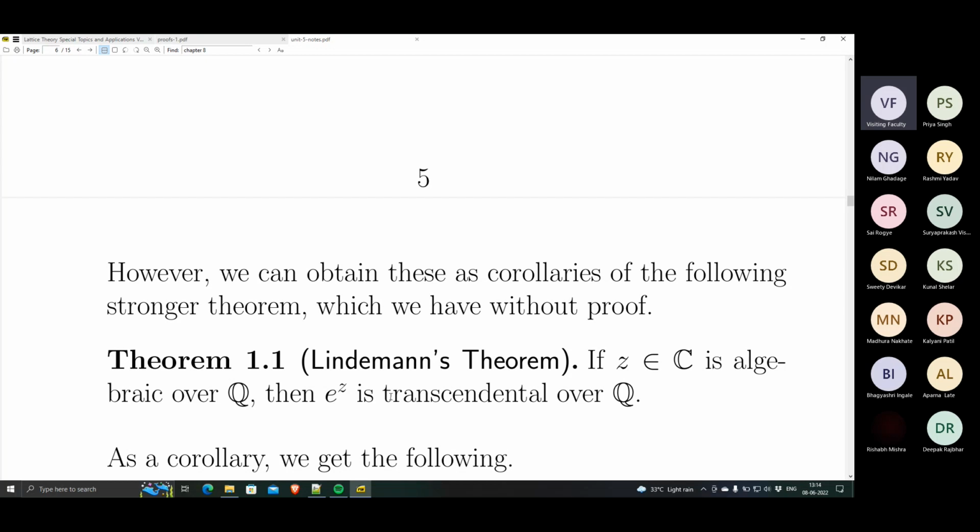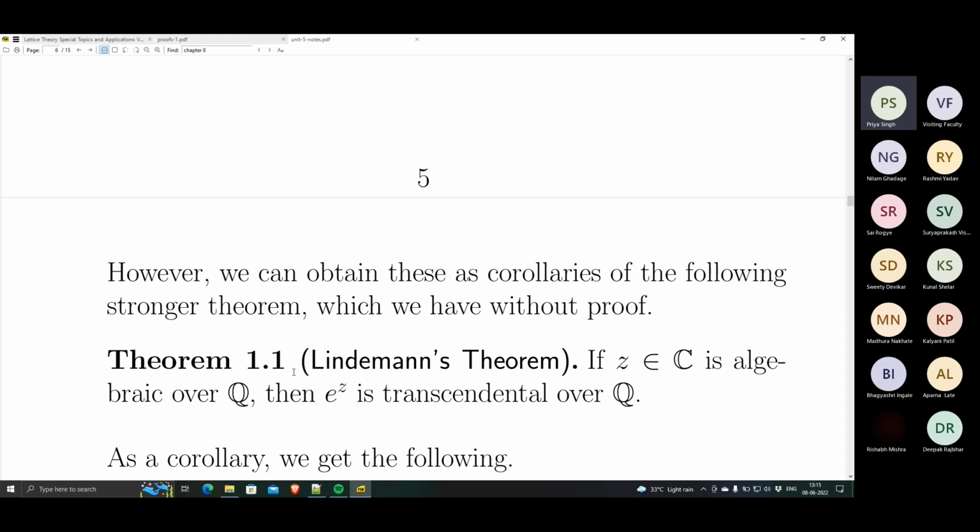Okay. So how does this prove that e and pi are transcendental? Can you just look at this statement and tell me how e is transcendental? What is a proof that e is transcendental using this theorem? It's very easy actually.